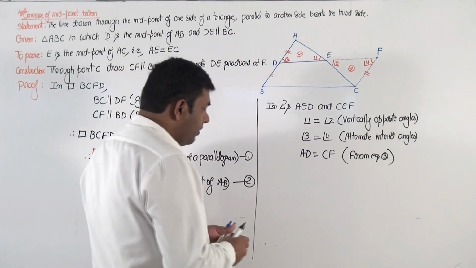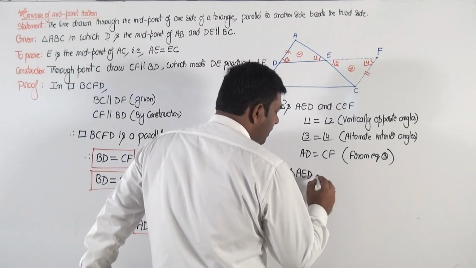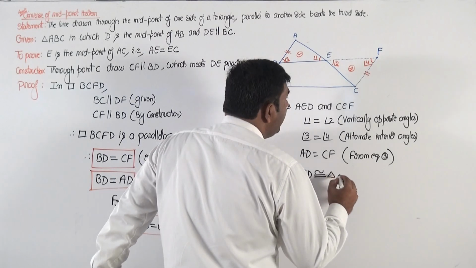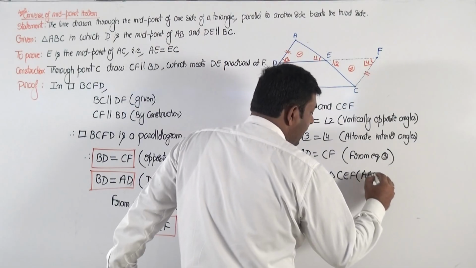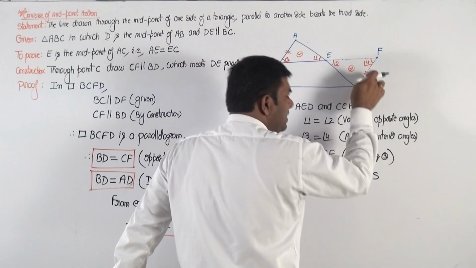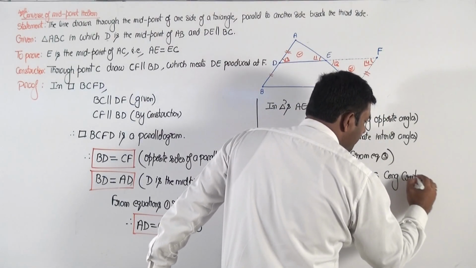The two triangles are congruent. Therefore, triangle AED is congruent to triangle CEF by AAS, angle angle side congruent criterion.